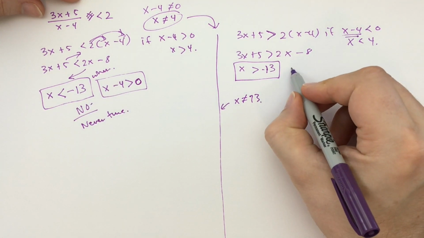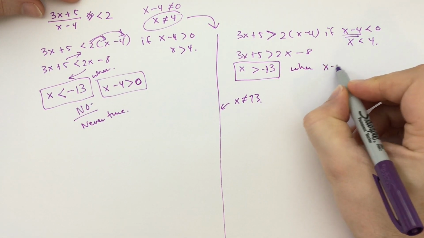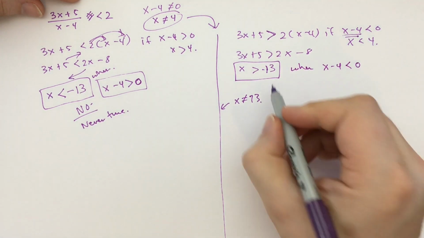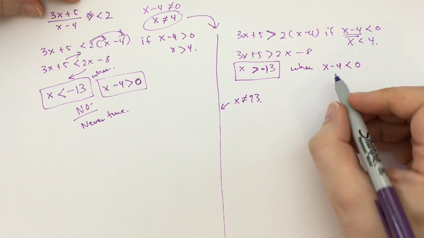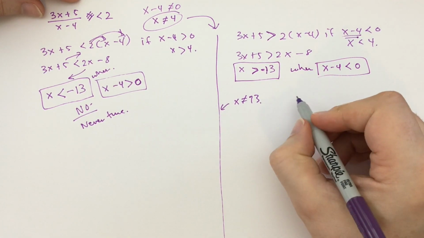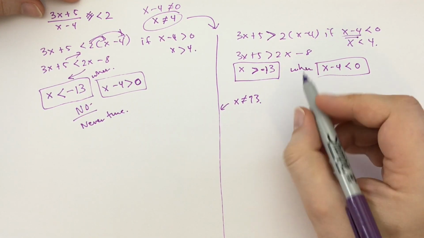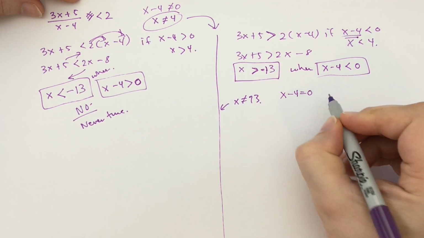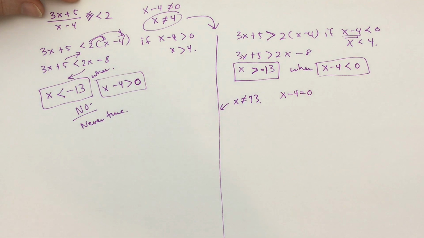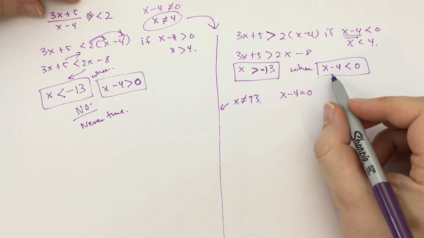On the other hand, this is true when x minus 4 is less than 0. And if you plug in x equals negative 13 and bigger numbers, you note that at some point, when x minus 4 is equal to 0, then this x no longer works as a value.